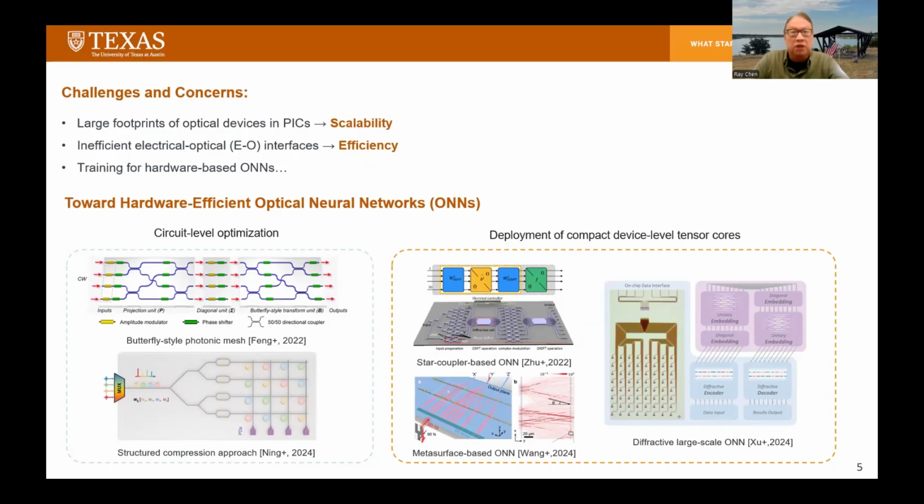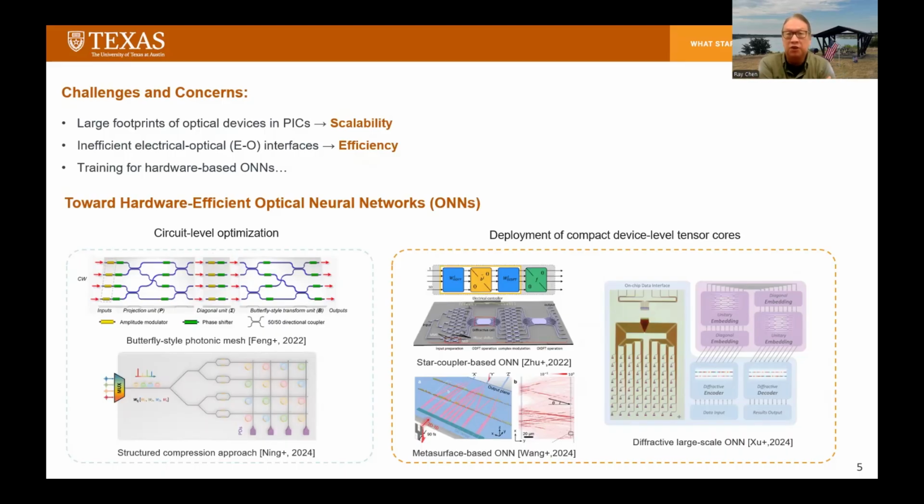And the peripheral electrical components, such as the EO modulators and data access and conversion between the analog and digital domains, boost energy consumption, thus undermining the power efficiency benefits of optical computing. So to solve these problems, some strategies have been proposed in our efforts.